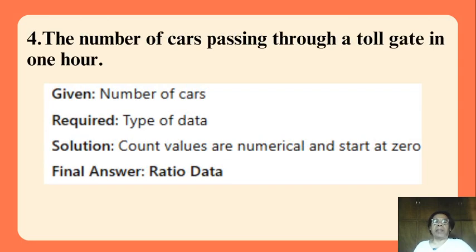Practice problem number 4. The number of cars passing through a toll gate in 1 hour. So we're given the number of cars. So we are required the type of data. So solution, count values are numerical and start at 0. So the final answer, this is the ratio data.